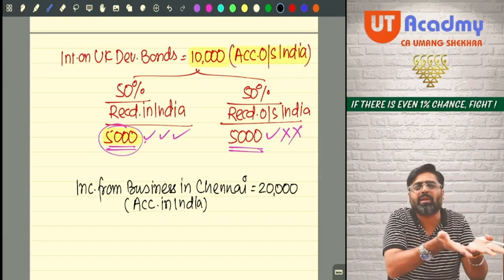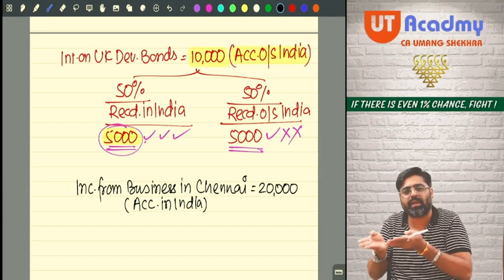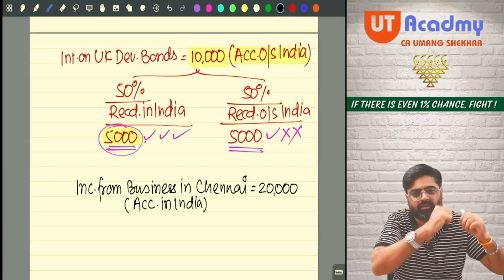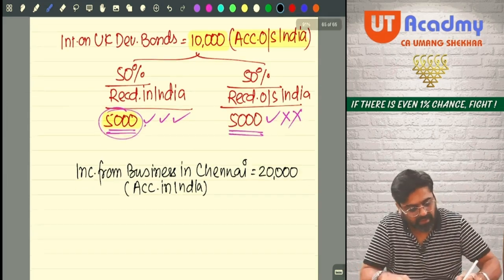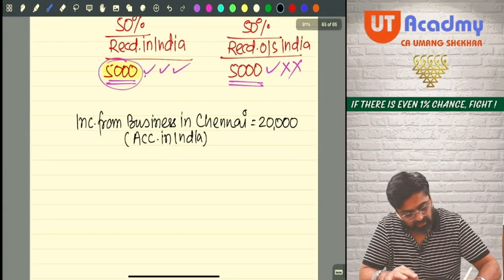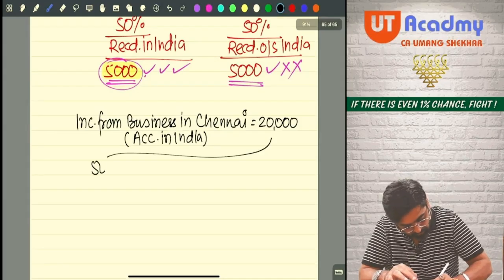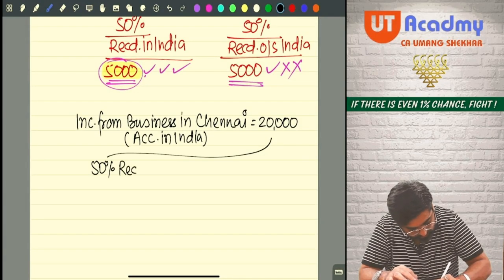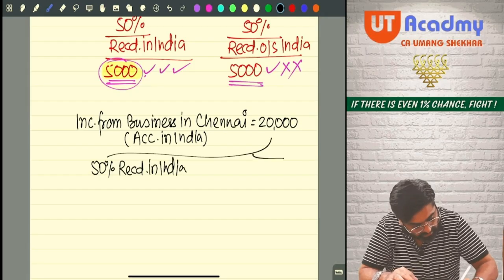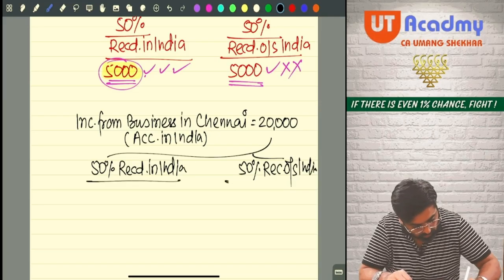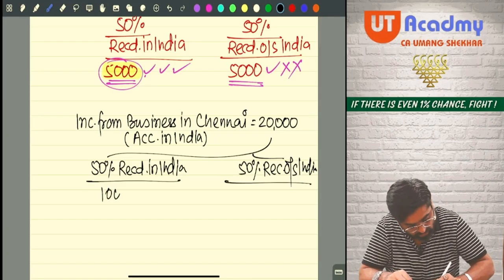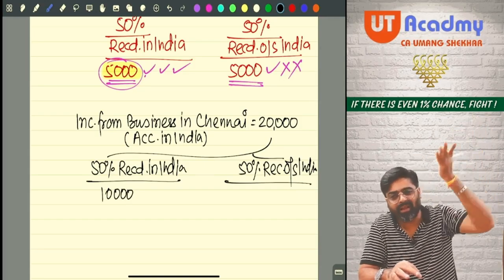Now it does not make any difference that out of this, 50% you are receiving in India and 50% outside India. The entire 20,000 will become your Indian income, no? Out of this, 50% received in India, meaning 10,000, accrued in India, received in India.